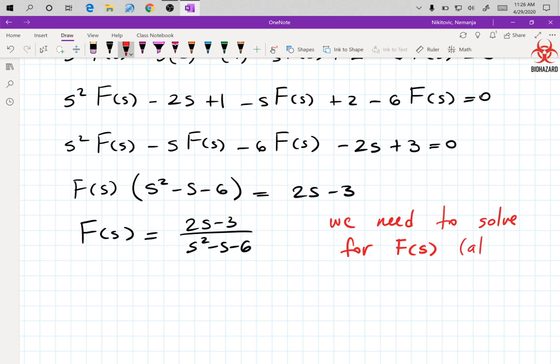That's algebra. And now we have F of s equals everything else. Now use inverse Laplace to get y of t.